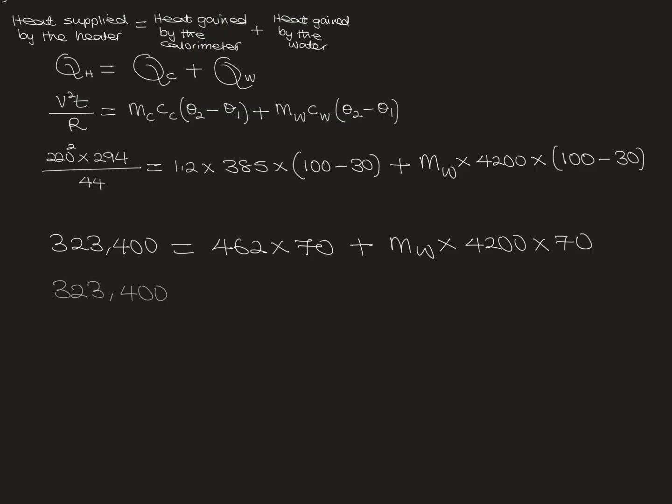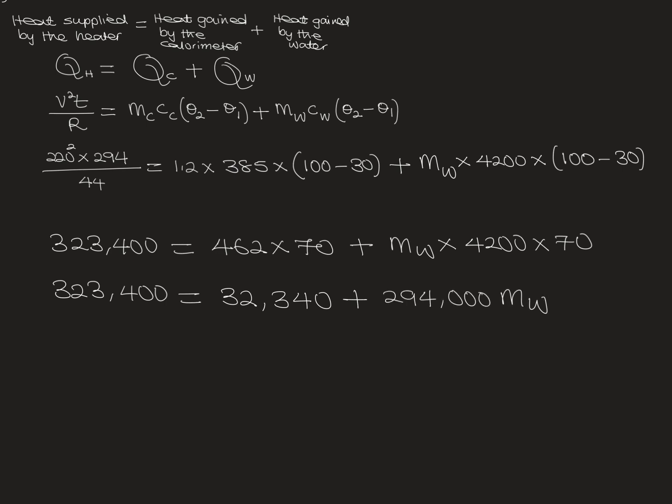So we'll have 323,400 equals 462 times 70, which is 32,340, plus the mass of the water times 4,200 times 70. The 4,200 times 70 is 294,000 MW.